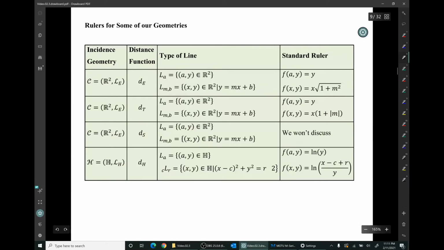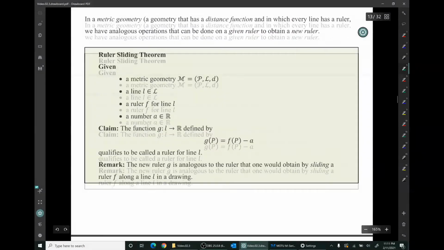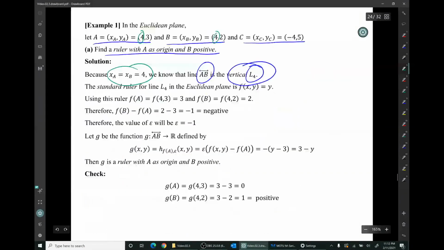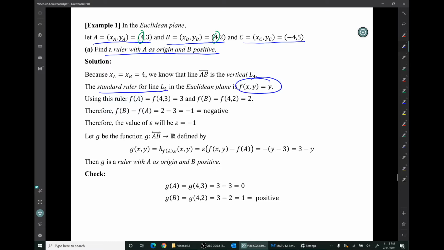For the vertical line L subscript 4 in the Euclidean plane, the standard ruler is f of (4, y) equals y. So the standard ruler for that line is this function, f of (x, y) equals y.